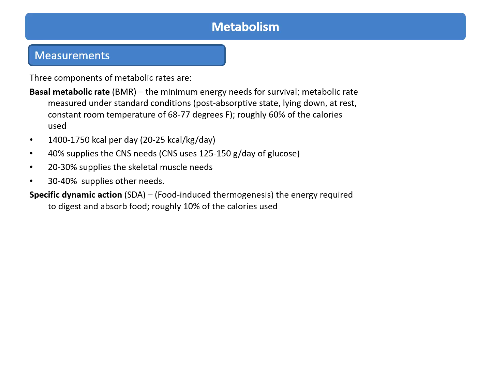Specific dynamic action, SDA, also referred to as food-induced thermogenesis, is the energy required to digest and absorb food. Roughly 10% of the calories used are involved in SDA. Physical activity may increase energy expenditures 15 times.